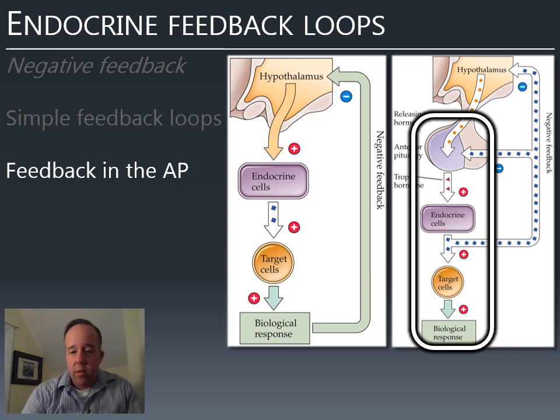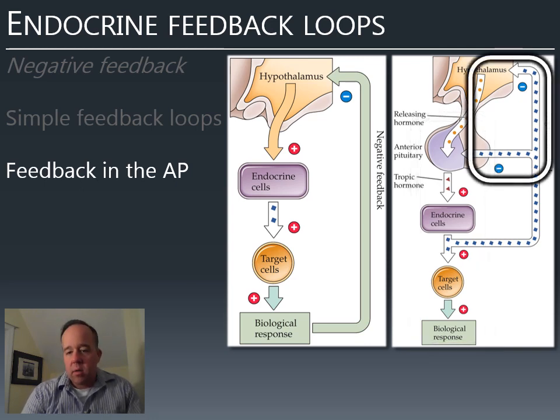Those other endocrine cells cause some other hormone release. But as we see here, there are 2 points of inhibition. That final hormone can inhibit the hypothalamus. It can also inhibit the anterior pituitary. So keep that in mind. There doesn't just have to be one point of inhibition. There can be multiple points of inhibition, and that will shut down multiple steps of this process.